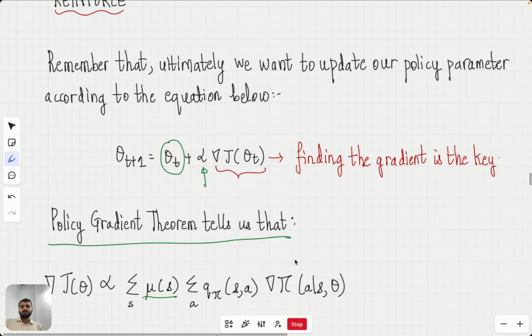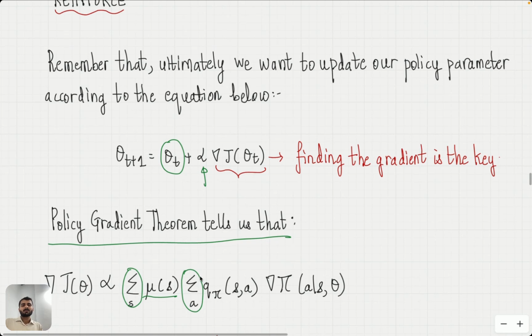What we had neglected in the last lecture were these summation signs, which we are going to focus on in detail in the REINFORCE algorithm. This summation sign means summation over all possible states, and this one means summation over all possible actions. Now we are going to simplify this expression using some concepts in probability, which I'm going to explain below.